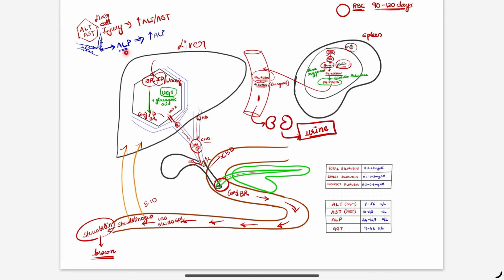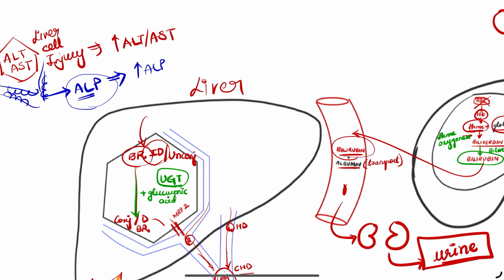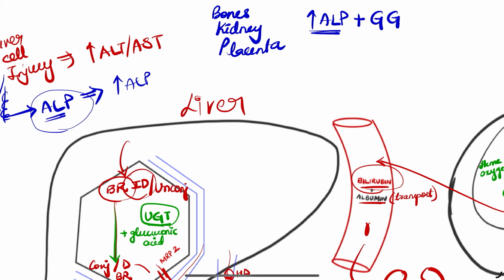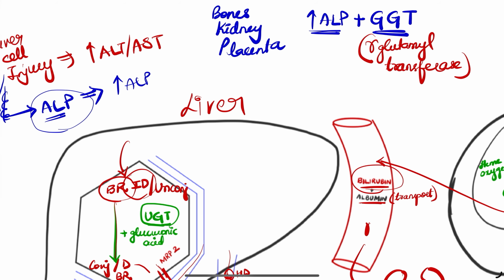And ALP, this alkaline phosphatase, is non-specific. It is not only secreted by the liver or the biliary tract, but it is also synthesized by bones, kidneys, and placenta. Hence, whenever ALP is raised, you should not jump to liver pathology. You should also confirm the liver pathology with one additional enzyme called GGT, gamma glutamyl transferase, which is specific for hepatobiliary origin.